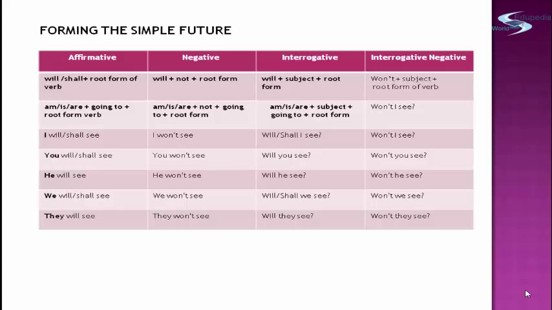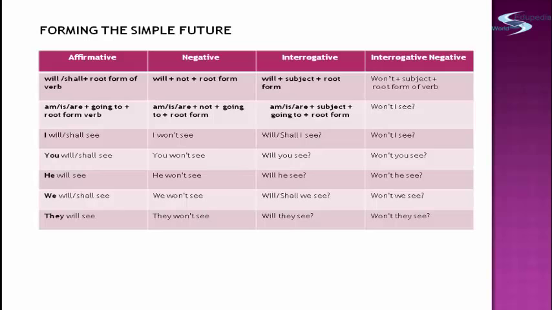So we have the first person example, will, shall I see? Second person, will you see? Third person singular, will he see? Third person plural, will, shall we see? And if we will use they, will they see?